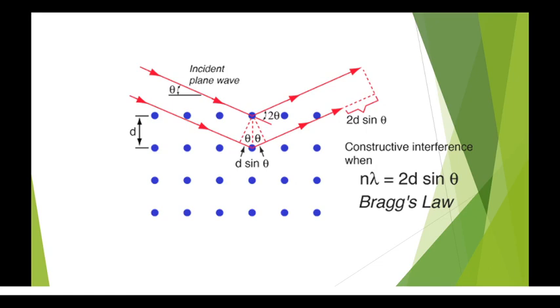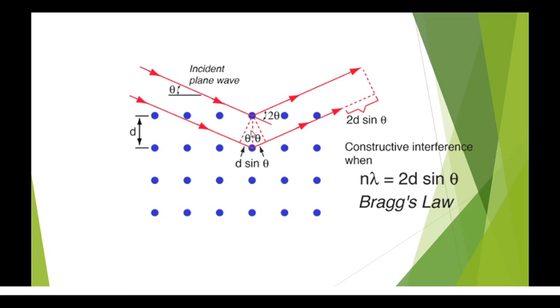And we already know the condition for constructive interference: when the path difference is equivalent to an integral multiple of wavelength, constructive interference occurs. So the integral multiple of wavelength is n lambda, and it must be equal to the path difference.